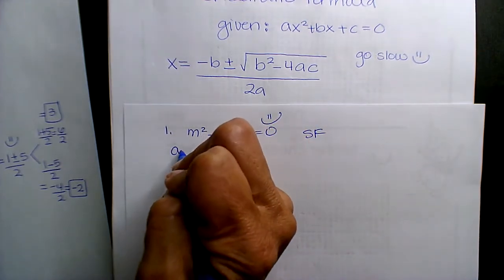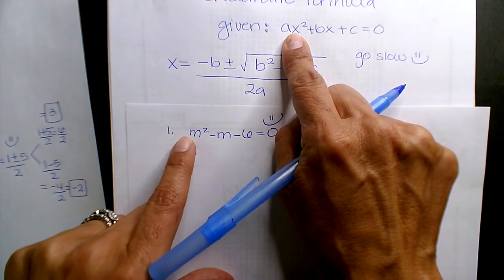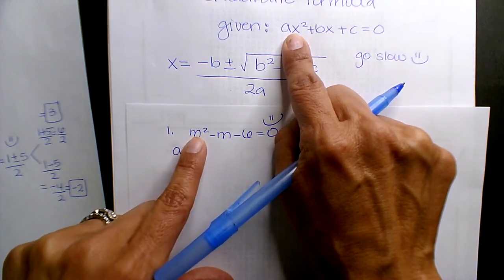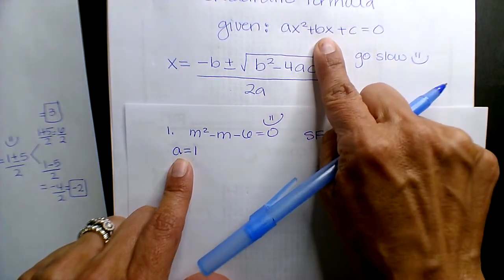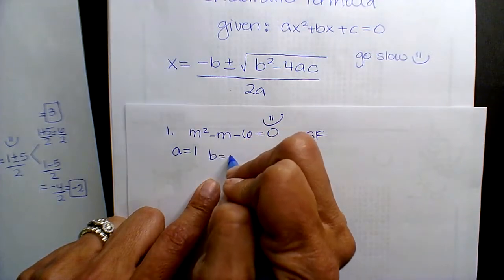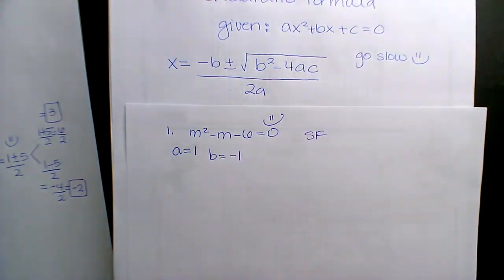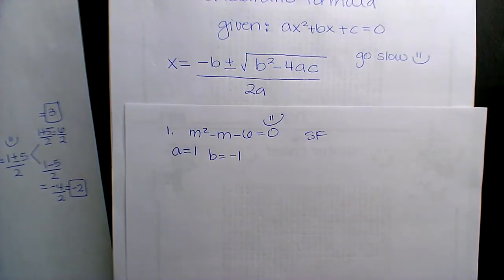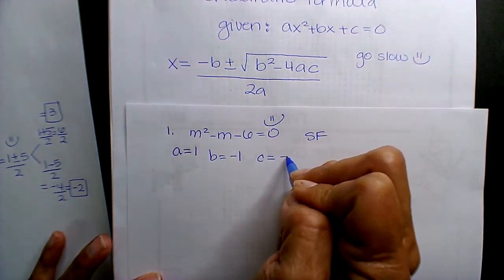So here the value A is 1, because remember, it's ax squared, the coefficient of the x squared or m squared variable. What's the B value? Negative 1, right? Because B is the coefficient of the m or the x variable. And what is my constant, C? Negative 6.